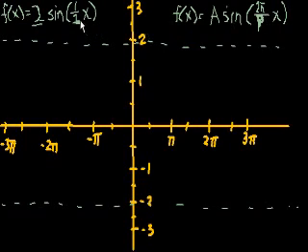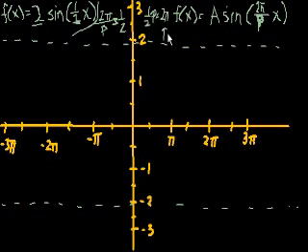So if we say that 2 pi divided by the period is equal to the coefficient, which is 1/2. I know this is extremely messy. So 2 pi divided by the period is equal to 1/2. Or we could say 1/2 the period is equal to 2 pi.